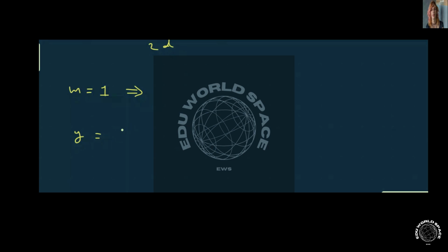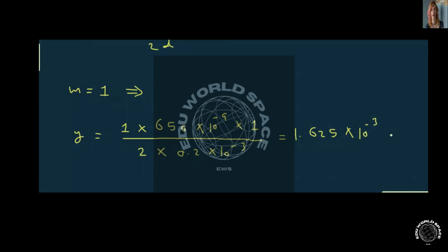So now y is equal to r, which is 1, times lambda, which is 650 times 10 power negative 9, times m, which is again 1, divided by 2d, which is 2 times 0.2 times 10 power negative 3, and this is equal to 1.625 times 10 power negative 3 meters.